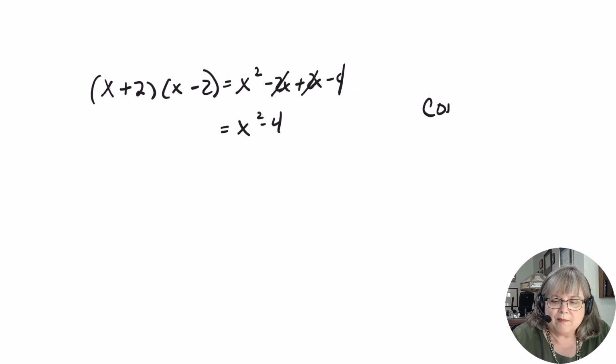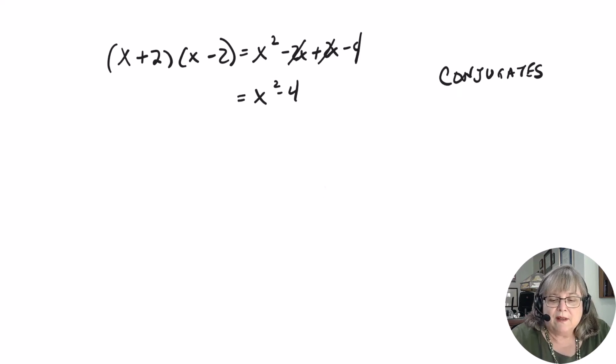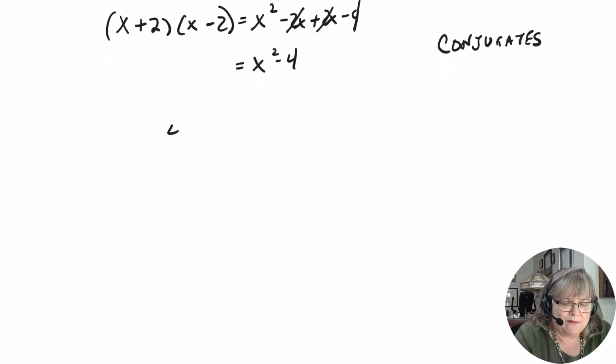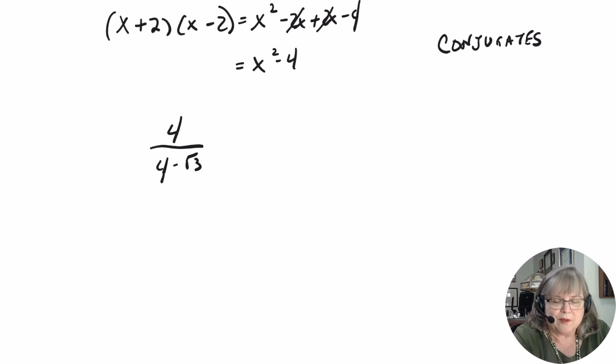So multiplying by conjugates, where you have the same two binomials, but the sign in the middle is opposite, is going to help us. Okay, so we're going to start off with, no, we're not going to do that on top. We're just going to have 4 over 4 minus the square root of 3. We'll do a numerator one later.